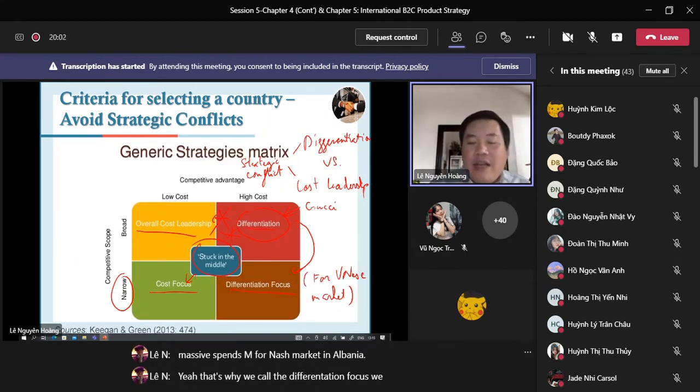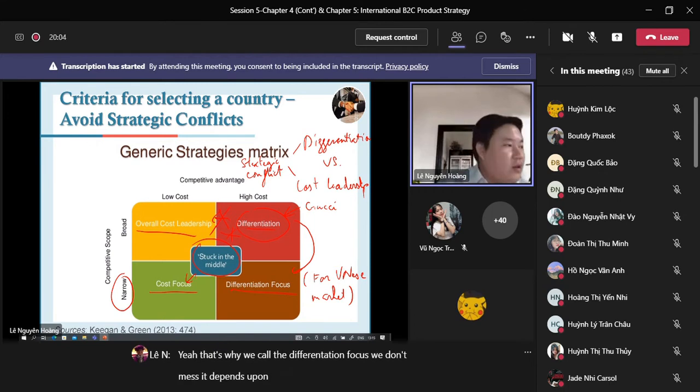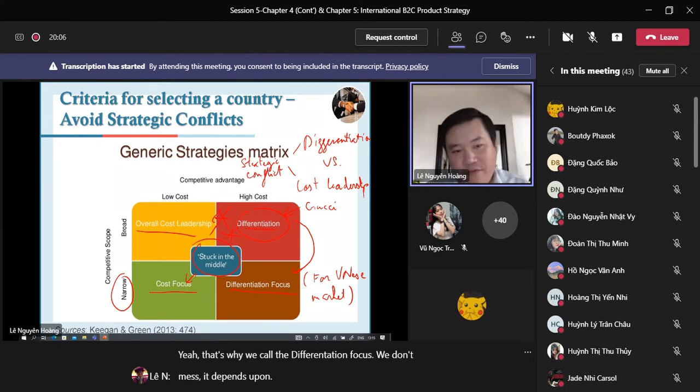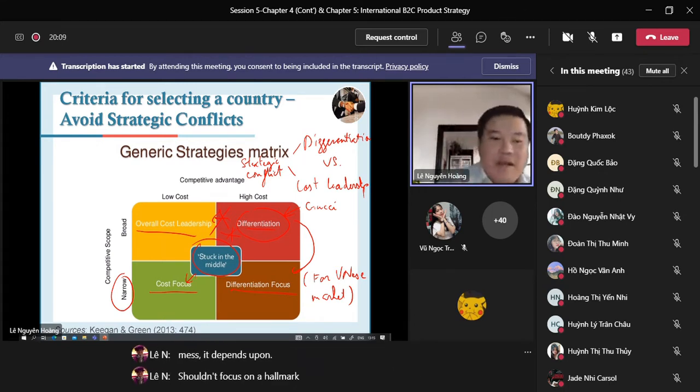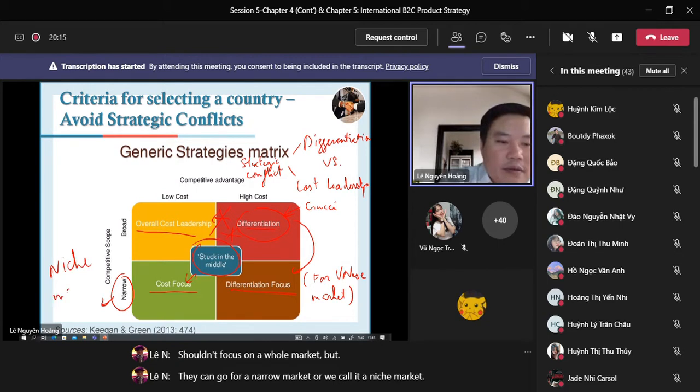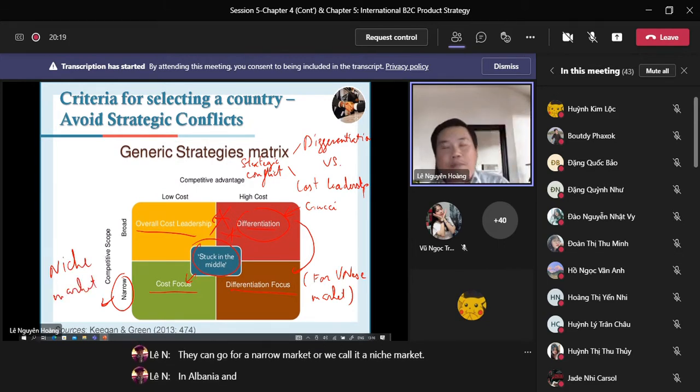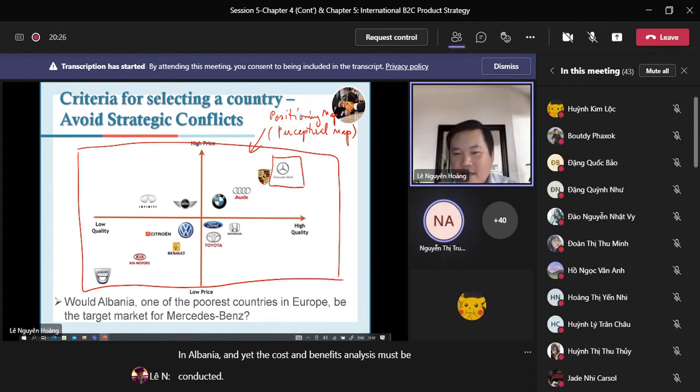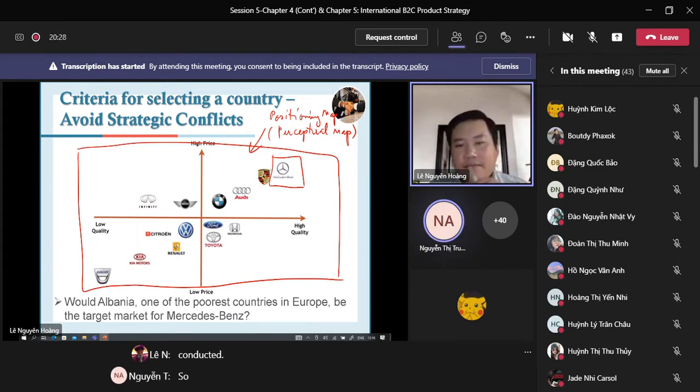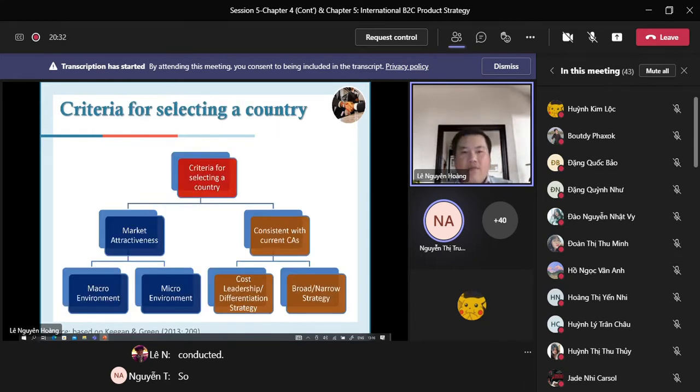Mercedes-Benz shouldn't focus on a whole market, but they can go for a narrow market, or we call it a niche market in Albania. And yet the cost and benefit analysis must be conducted. Is it clear, guys? Yes. Okay, move on.